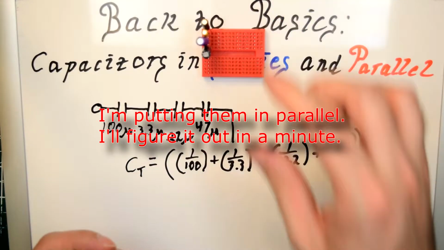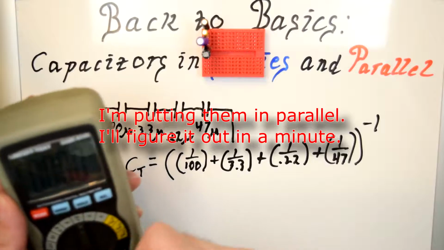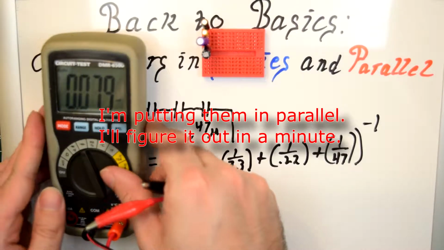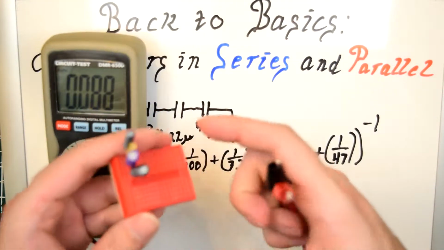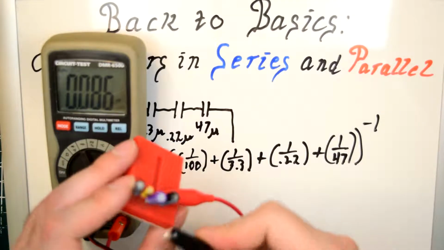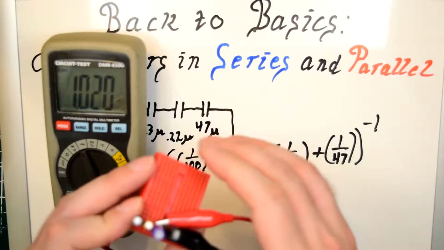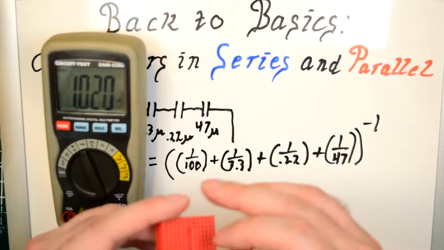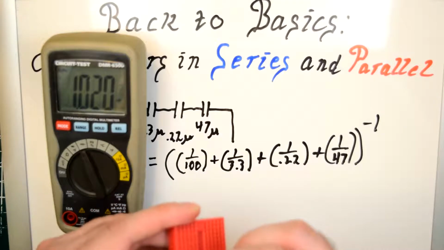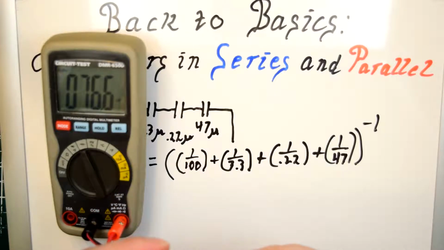There we go. Alright, and then we'll grab my multimeter here, and we'll set it to capacitance. I don't use this function very often on my meter. And we'll go ahead and clip this guy over here, and we'll clip this one over here, and get something completely erroneous. 76.6 nanofarads.